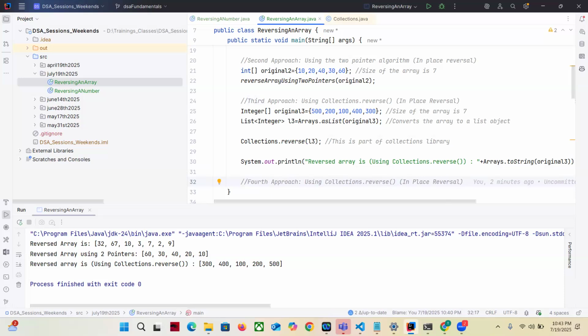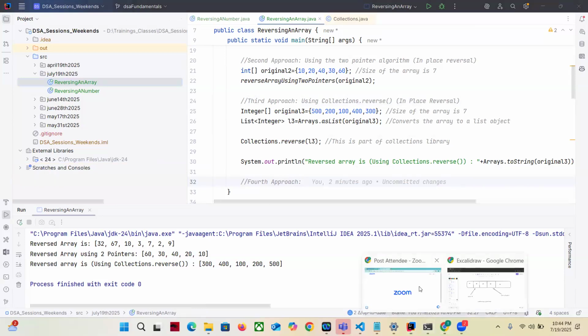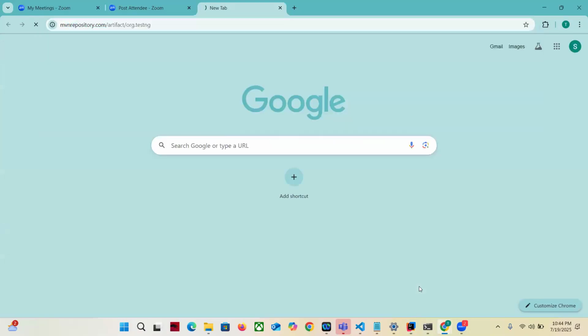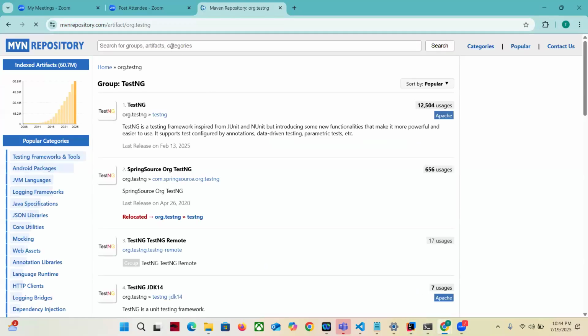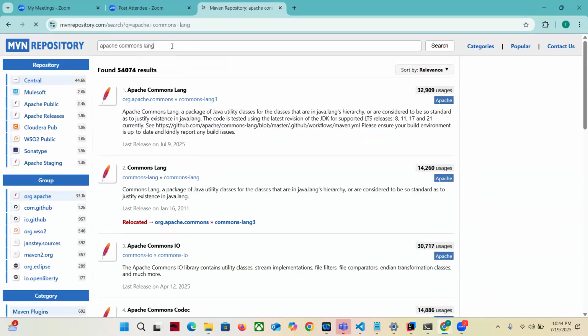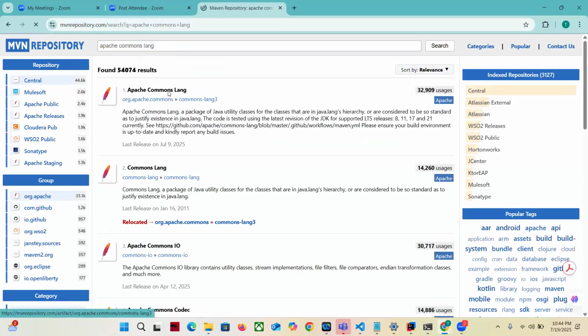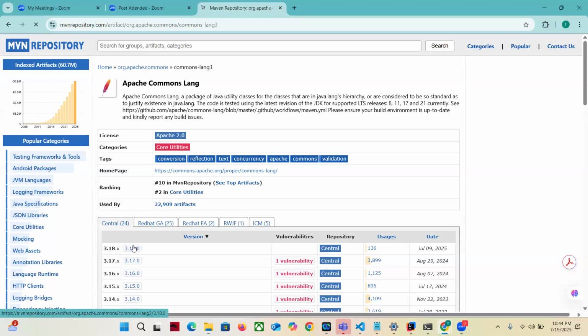Got it? And is there any default function in arrays directly to reverse the array? No, you have to use other functions for that. There is a default function, but you have to add that library. Give me a moment. Apache Commons Lang is the library where we have some advanced library functions.